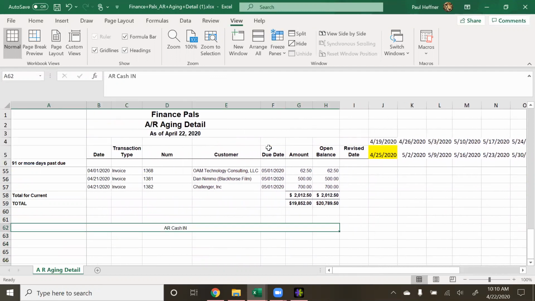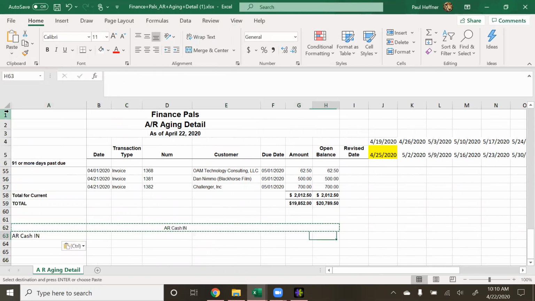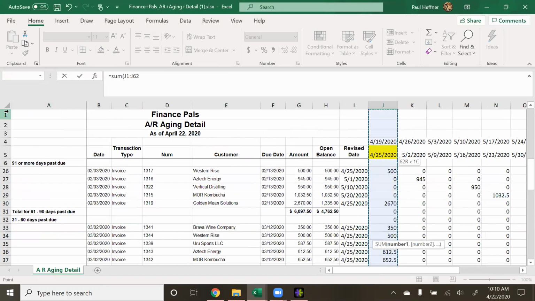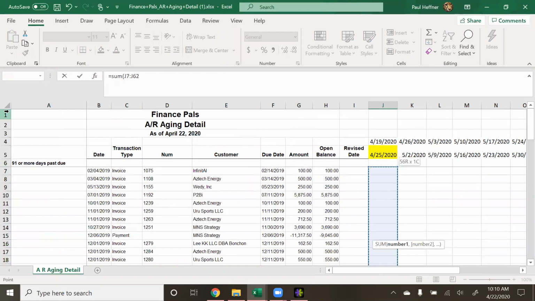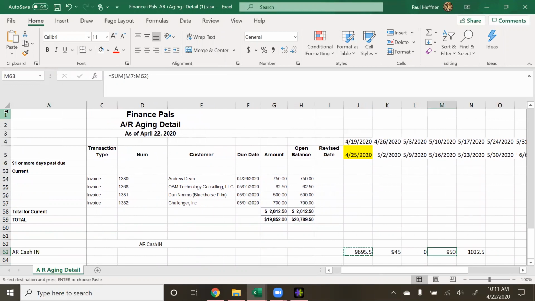That's right here. I didn't carry the formula all the way down, but you would do it and say, okay, this is how much cash we're going to be having coming in each week from AR, and that would help you forecast that.